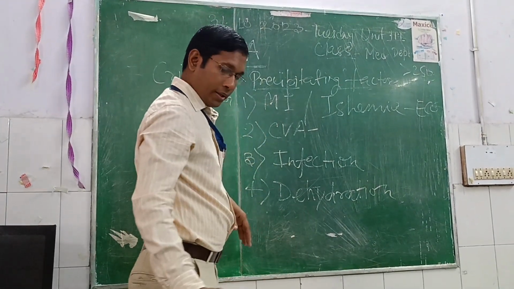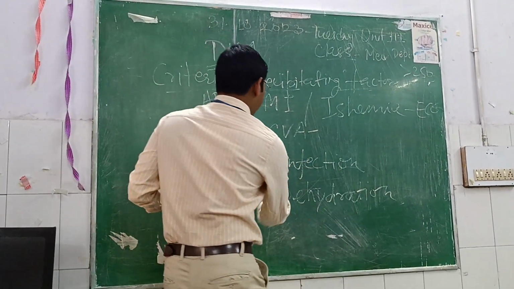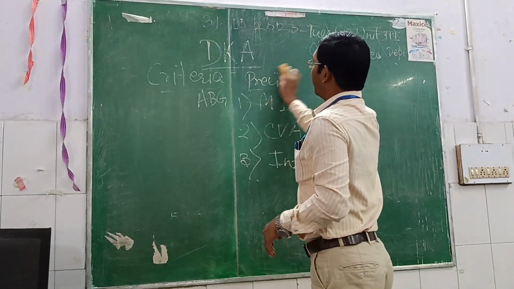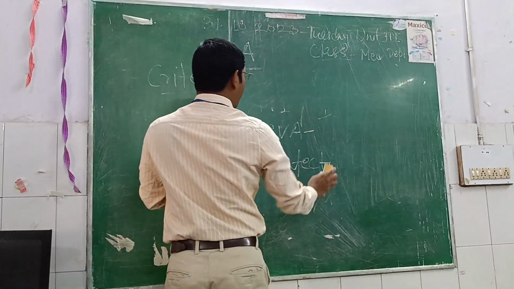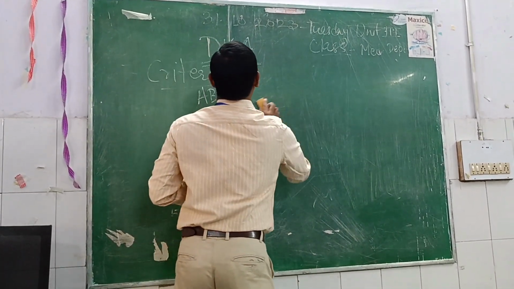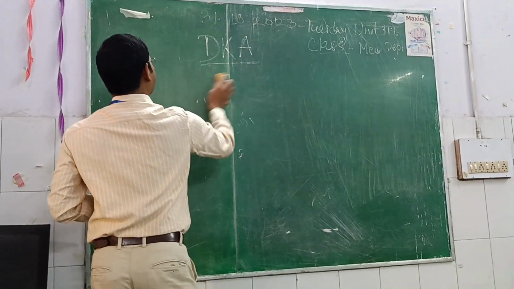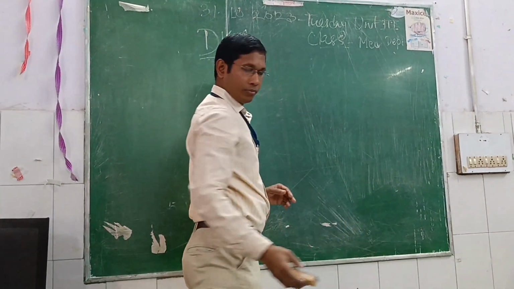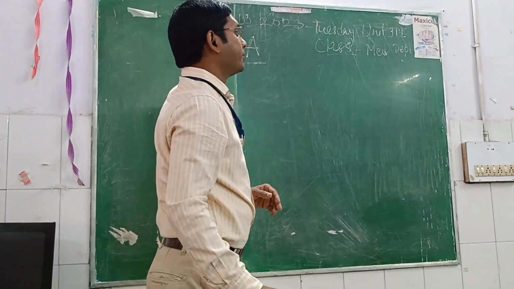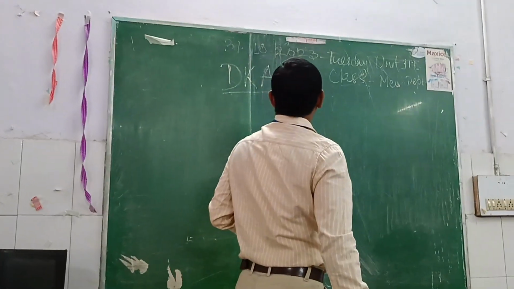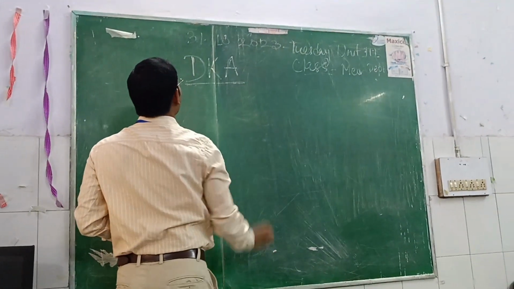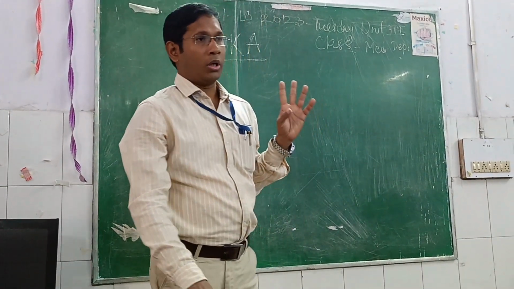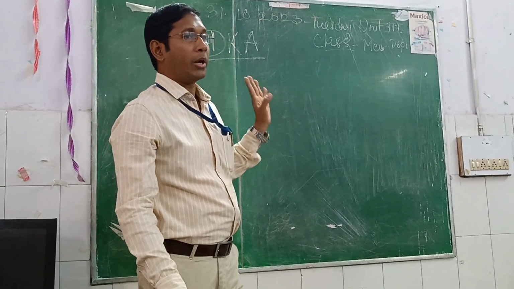Now we can come to the management part. Though it is simple, it has to be done timely so that we can get the desired result. There are 2 important things to understand about diabetic ketoacidosis.